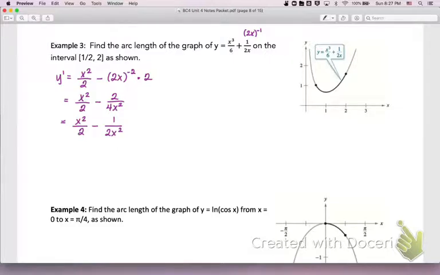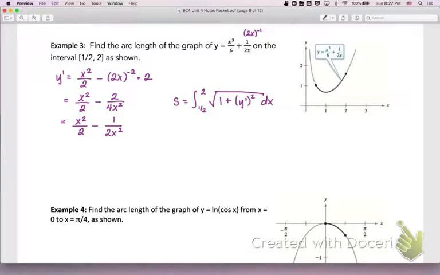So here's what our integral is going to be. The arc length is going to be the integral from 1/2 to 2 of the square root of 1 plus y prime squared dx. That's what we need to plug in. So we're going to put that in our calculator.